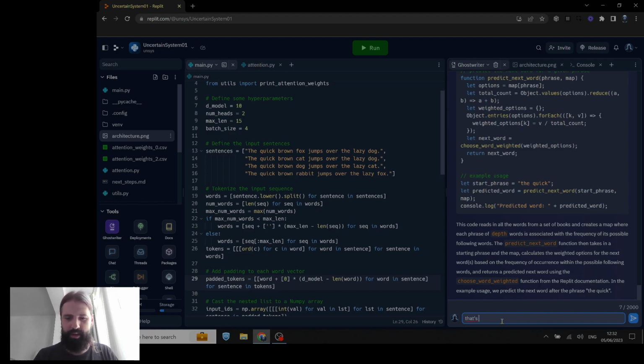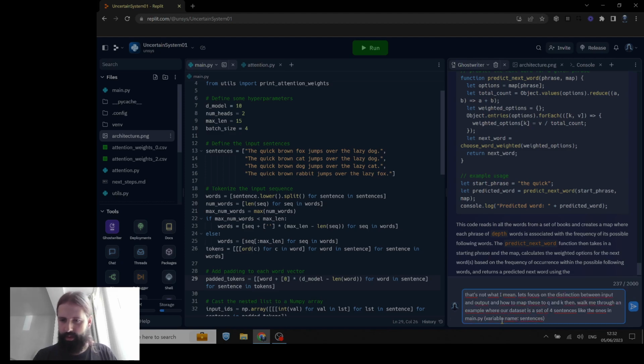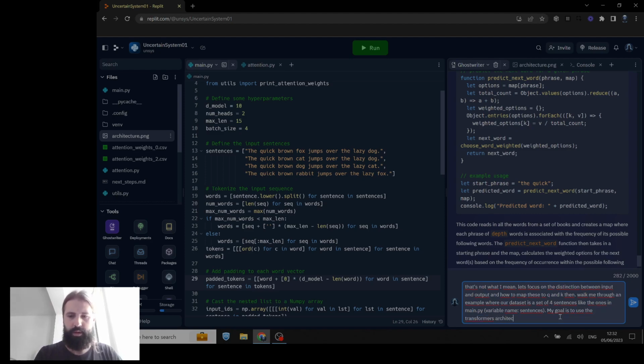What I mean is, for example, my goal is to use the transformer idea to implement next word prediction. Maybe I should have started this off in the very beginning with this specific goal in mind. I think Ghostwriter got a bit lost there. What we have in here is just for something else than next word prediction. You know what I mean?